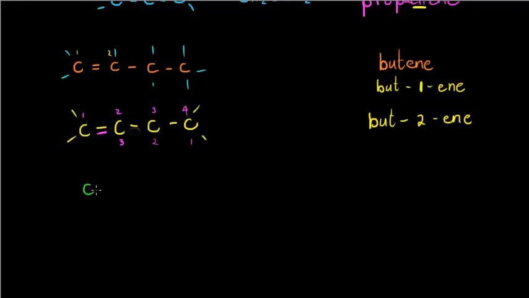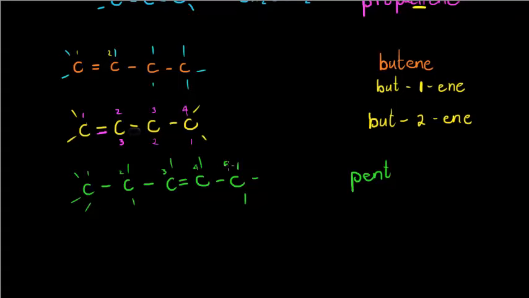So if I go one more, okay, so let's say we have a carbon here, we have a double bond here, and then we have another carbon here. So here we have, okay, just a rough sketch of that. Okay, so we've got 5. That means we're working with pent. There's at least one double bond, which makes it an ene, but the double bond, and now I can either number 1, 2, 3, 4, 5.